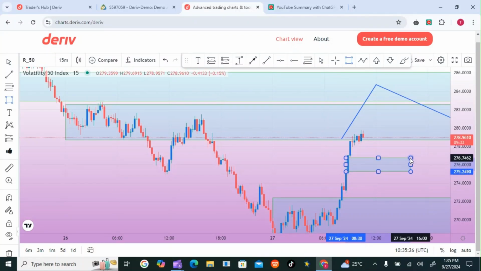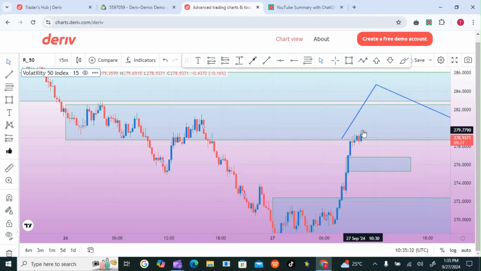This is a fair value gap. The market must come back. That is a must. This market must return to this area, to that fair value gap, to fill that inefficiency. And there is also another fair value gap here. So this is a very good entry.